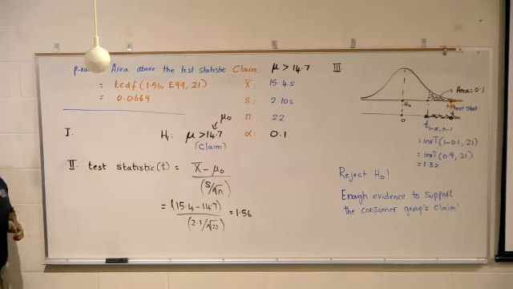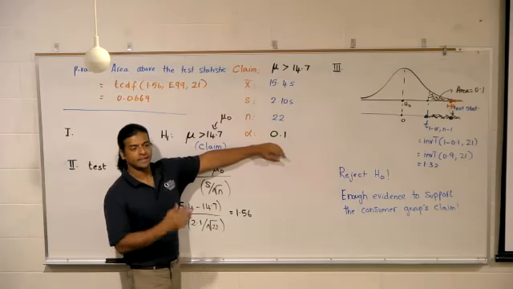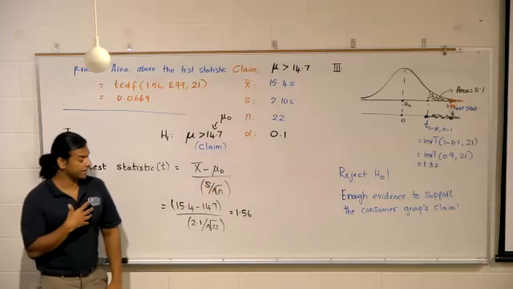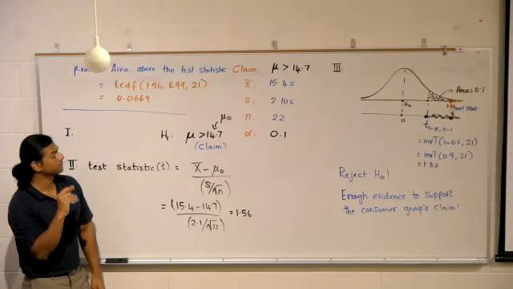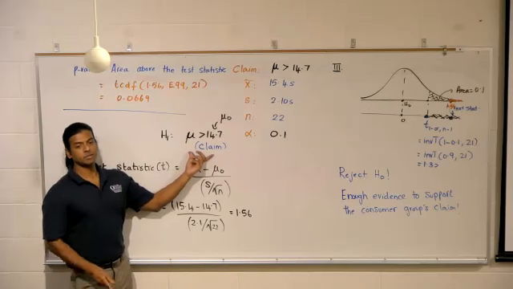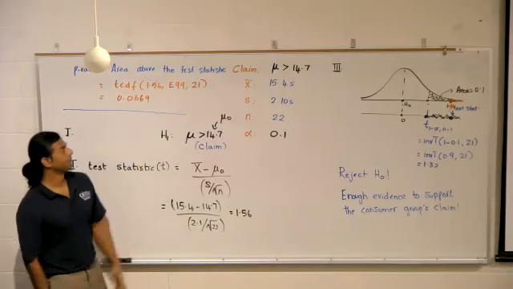So what does the p-value tell us? Well, when we started the problem, we said the maximum probability of type 1 error. In other words, the amount of error that you will tolerate, the maximum probability of error. If you rejected the null when you should not have, that's what a type 1 error is.